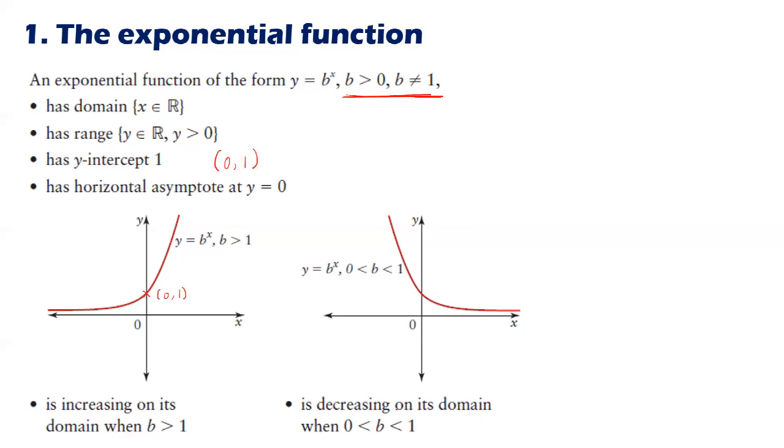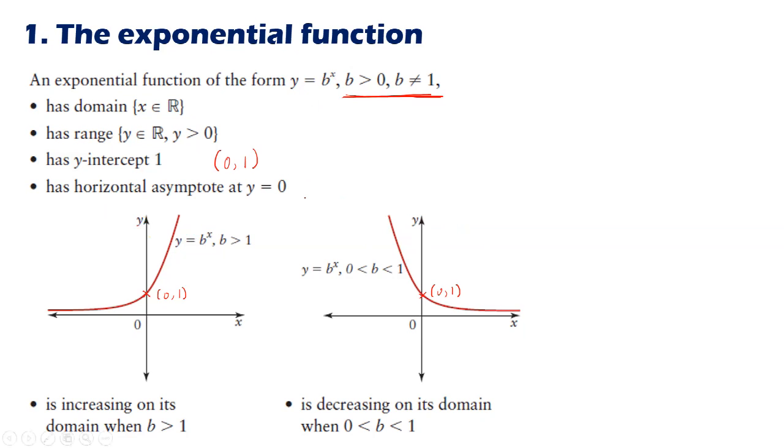And if b is greater than 0 but less than 1, this function will be decreasing on its domain and also crossing (0, 1). So remember that there are two patterns of graphs for exponential functions depending on the value of the base b.